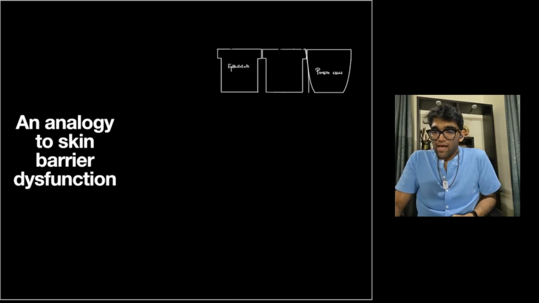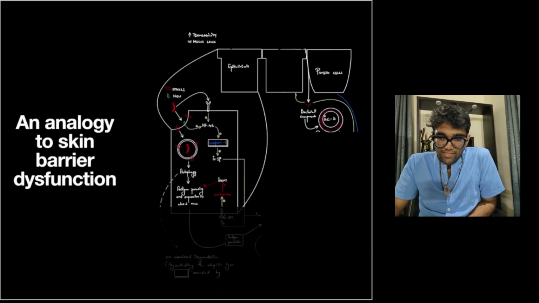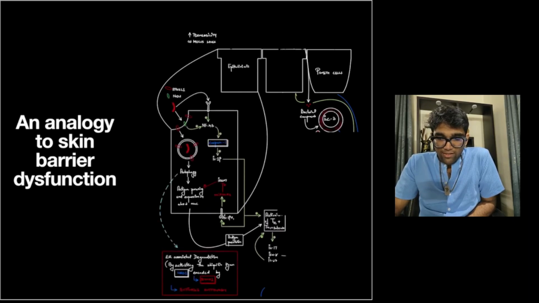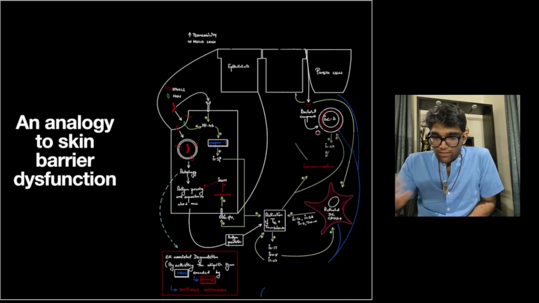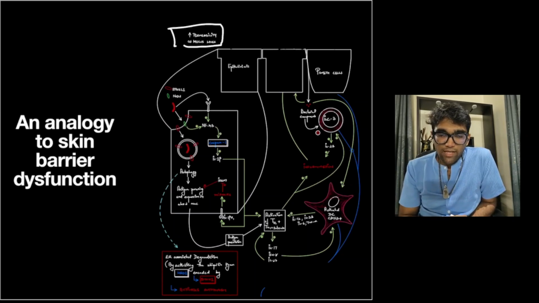So let's see what is happening in IBD. Now in IBD, essentially two rather interesting things might happen. One is that in some forms of IBD, there is increased permeability of the intestinal mucosal layer.